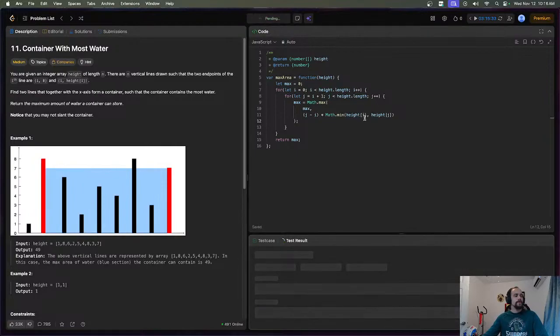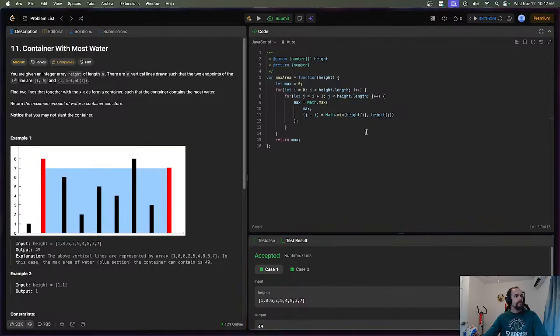Of course, it's the shorter of the two. There's no way you could add more water than that. But obviously this is an n squared algorithm, which is not great. So let's try to think a little bit more deeply here.